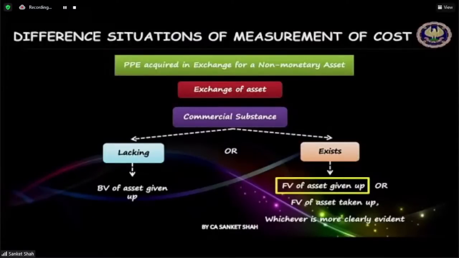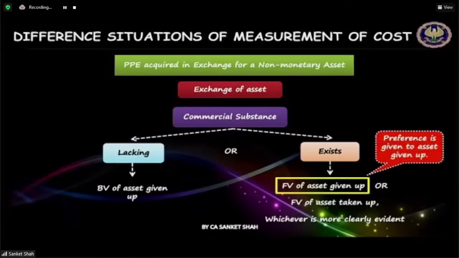Priority is the fair value of the asset given up. Lacking that, in that case, the book value of the asset given up. And if it exists, the fair value of the asset given up or the fair value of the asset taken up, whichever is more clearly evident. Friends, I hope you got these concepts. 8 and 9 we have covered.